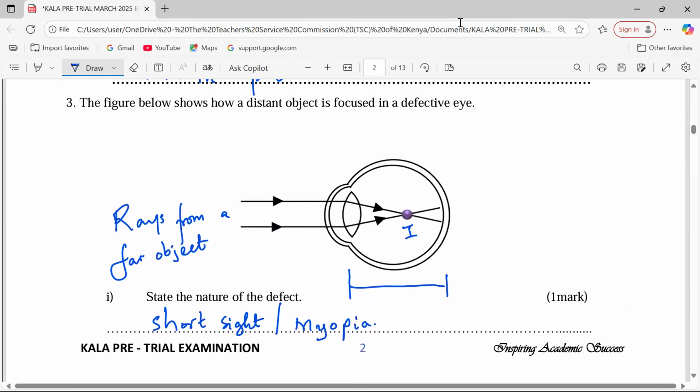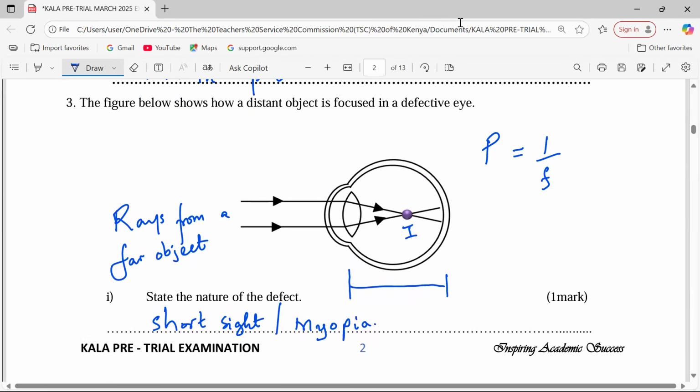You should know that there is something called the power of a lens. The power of a lens is given by the reciprocal of the focal length. Therefore, the shorter the focal length, the greater the power.